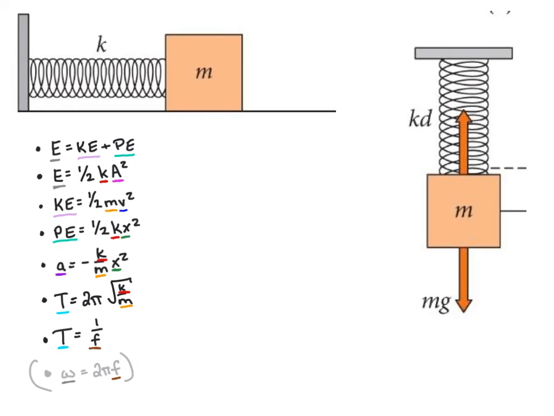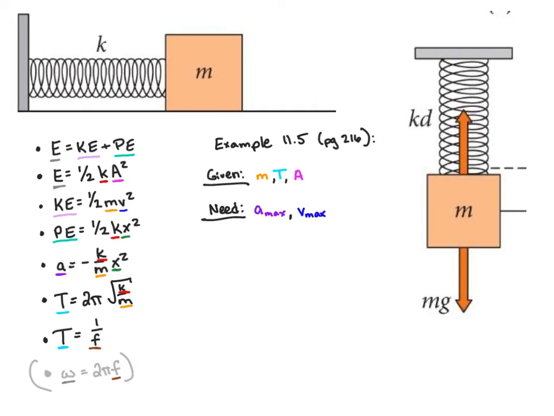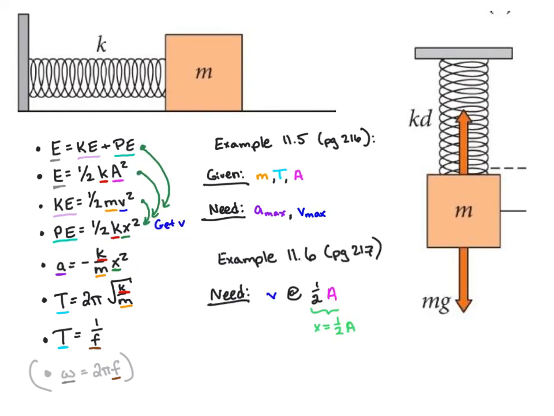Example 11.5 gives you the mass, the period, and the amplitude, and it asks you to find the maximum acceleration and the maximum speed. Example 11.6 asks you to continue on to find the velocity of the block at a specific position. You should make sure you understand these examples and can apply the concepts to similar problems.